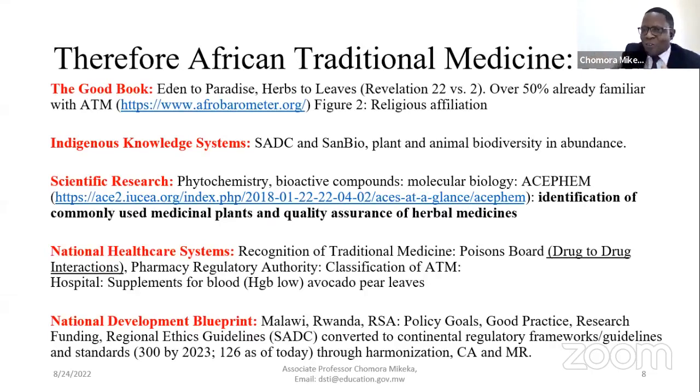And over 50%, following the Afrobarometer results, of the African continent believe in this already. Therefore, it should be much easier to attract the attention of the population of Africa to use ATM, but also for national healthcare systems to have that as a critical complementary medicine for the populations.